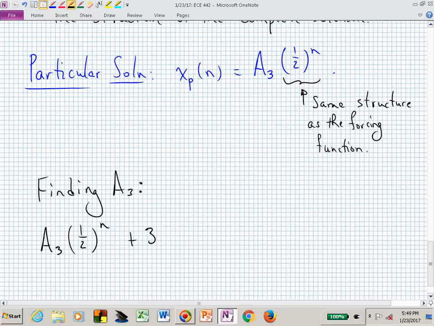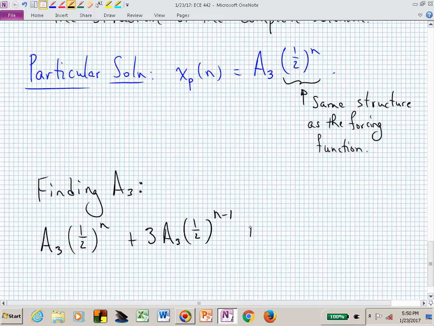What's a sub 3 at n minus 1? It wasn't a function of n, was it? So it's now a sub 3 times 1/2 to the n minus 1.